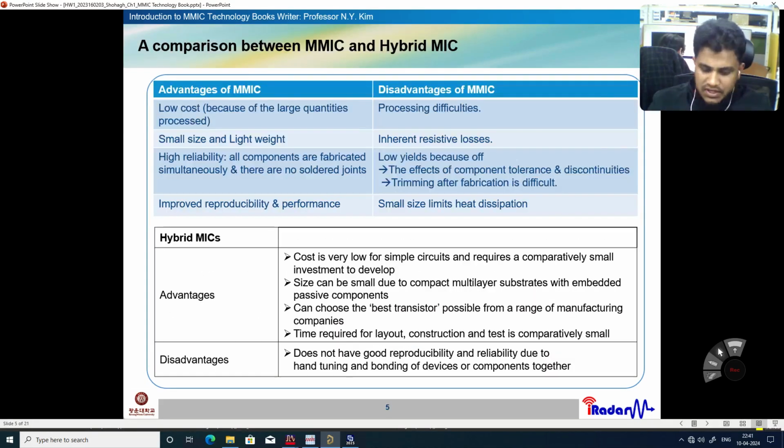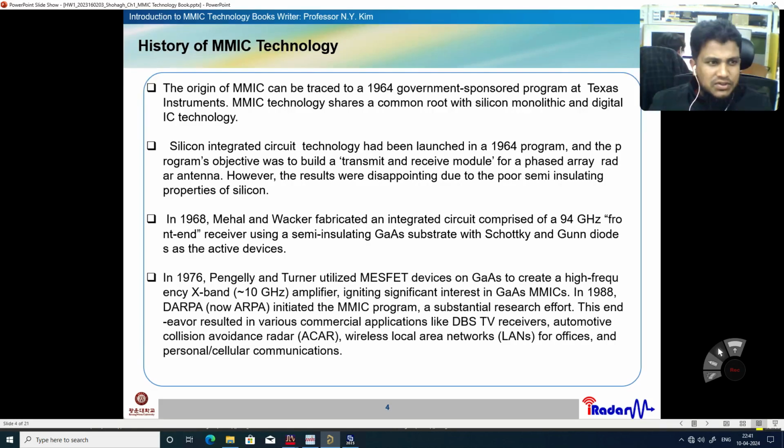Then I can discuss the history of MMIC technology. The origin of MMIC technology: in 1964, government programs at Texas Instruments first introduced MMIC technology. It shares a common root with silicon monolithic and digital IC technology. The program's objective was to build transmit and receive modules for a phased array radar antenna.